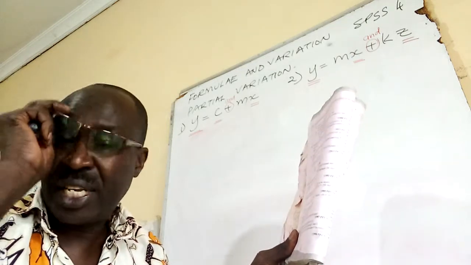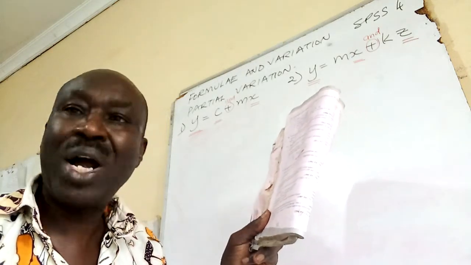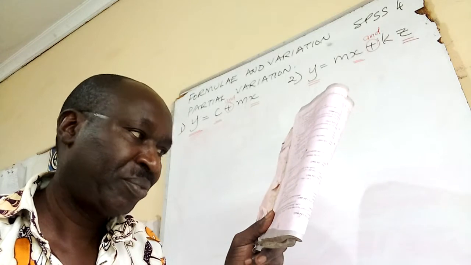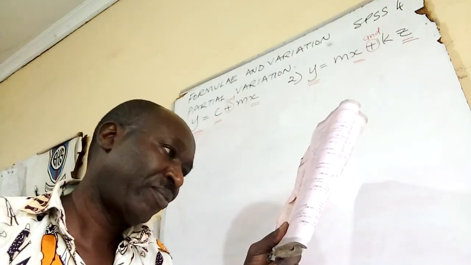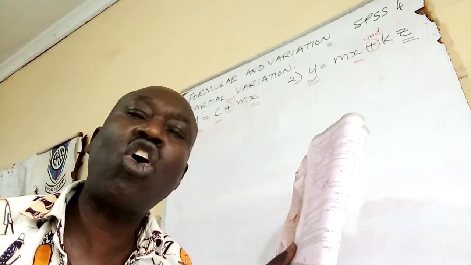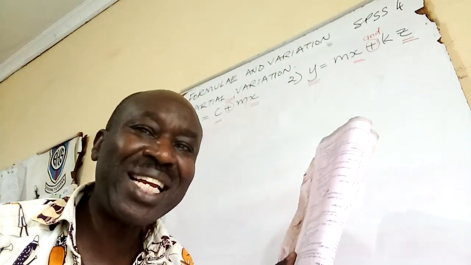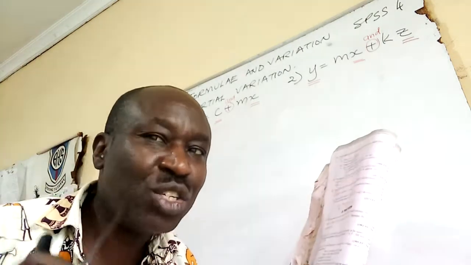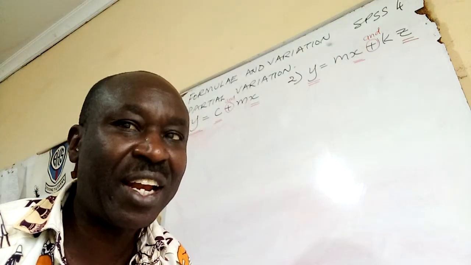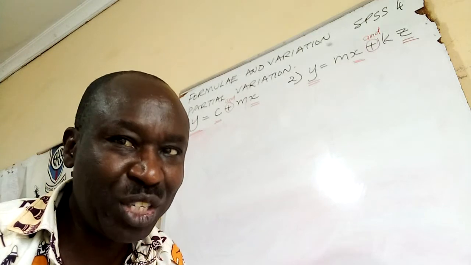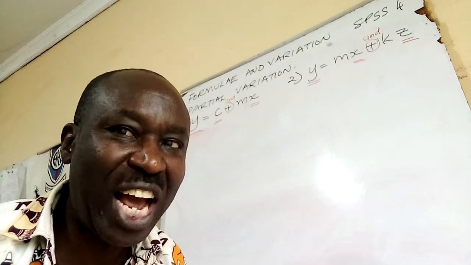This question says, a quantity T is partly constant. Partly constant. That should prick your mind. Which form? First form. It is the one which contains the word constant.